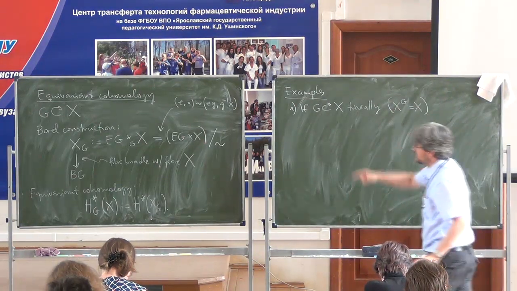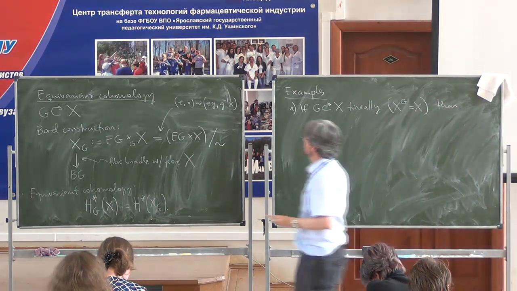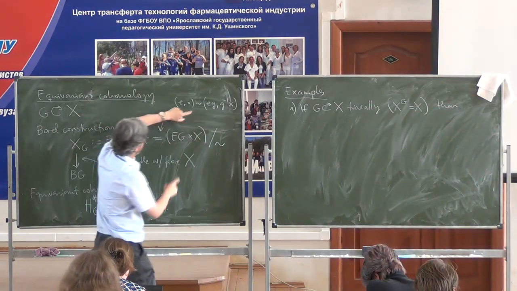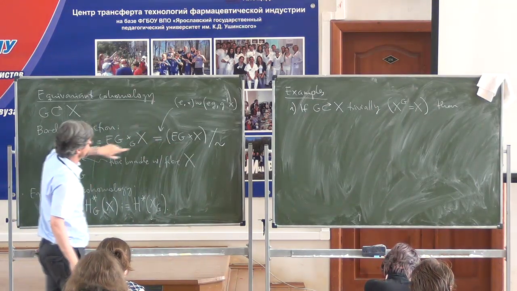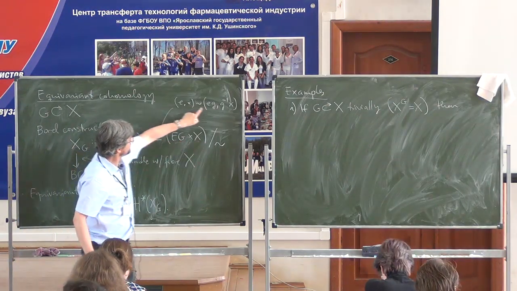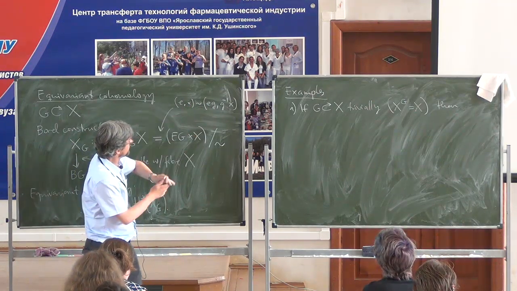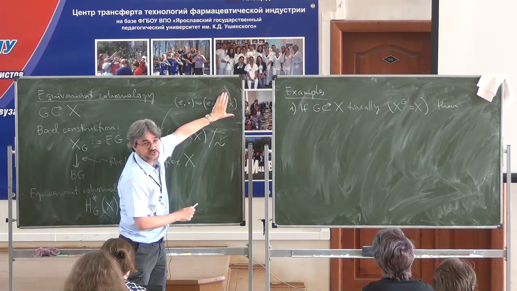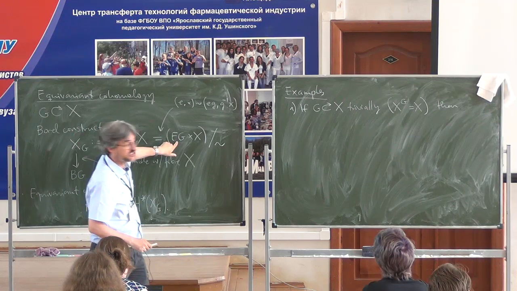Then, when you consider the Borel construction, you take this product and you quotient by this, but if the action of the group on X is trivial, then this g inverse disappears, and what you're simply doing is quotienting out by the action of G on EG.